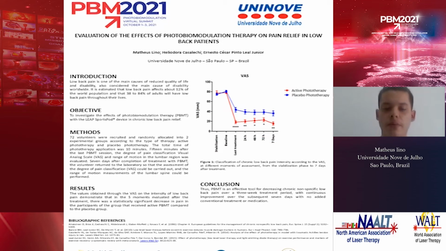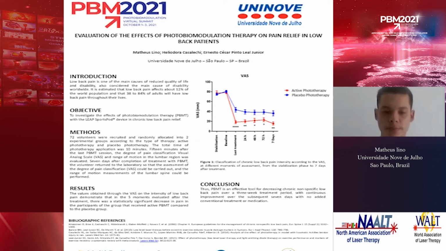The total time of phototherapy application was 10 minutes. 15 minutes after the last PBMT session, the degree of pain classification, visual analogic scale, and the range of motion in the lumbar region was evaluated. 7 days after completion of treatment with PBMT, the volunteer returned to the laboratory so that the assessment of the degree of pain classification, VAS, could be carried out and the range of motion measures of the lumbar spine could be performed.